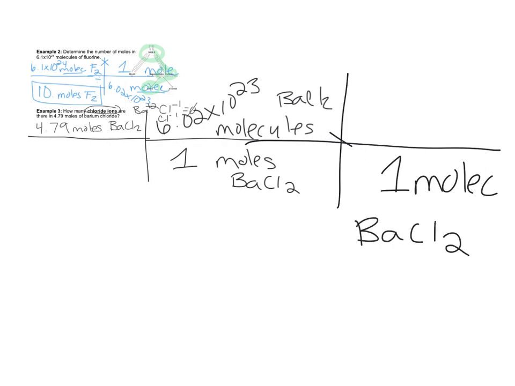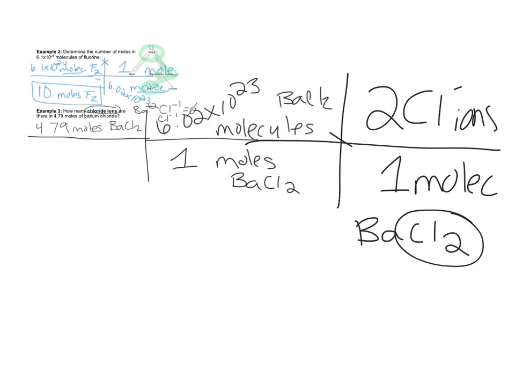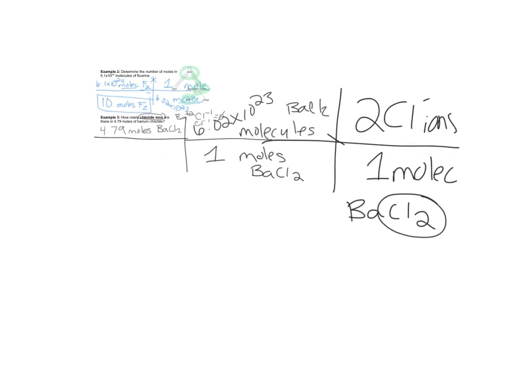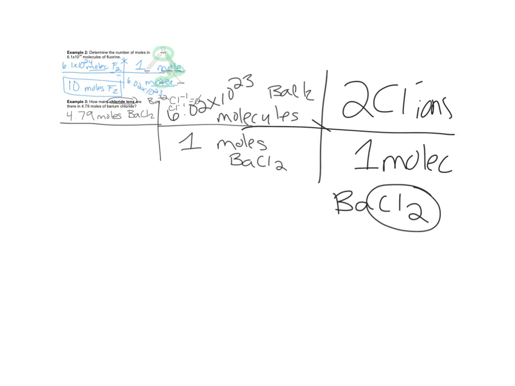How many chlorine ions are there? There would be 2 chlorine ions. If they would have asked me about barium, there would have been only 1. And then, as always, multiply the top, 4.79 times 6.02 times 10 to the 23rd times 2 divided by 1, and you will get 5.77 times 10 to the 24th chloride ions.